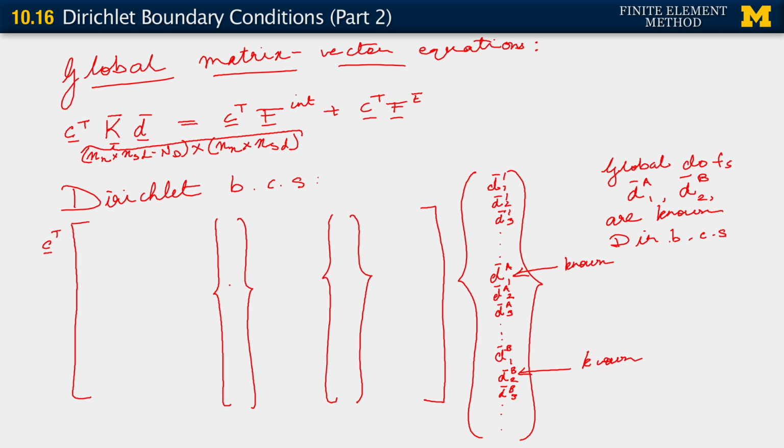For the way we had numbered it previously, this column is what I would call K bar column number NSD times A, where A is the global node number, plus 1, because it corresponds to D bar A1, the one coordinate direction of global node number A. And this column likewise is K bar column number NSD times B plus 2.